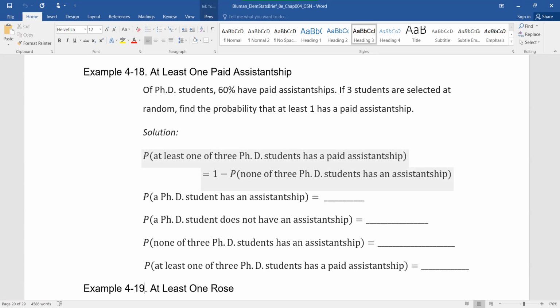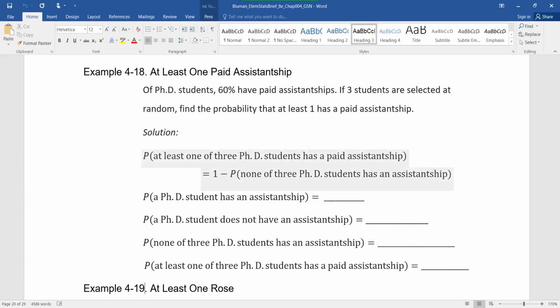If I try to find the probability that exactly one person gets paid, I would do 0.60 times 0.40 times 0.40, and write that number down. Then I'd find the probability that 2 people got paid: 0.60 times 0.60 times 0.4, and write that down. Then for 3 of them being paid: 0.60 times 0.60 times 0.60. Write that number down, then add those probabilities. That is what I could do the long way.